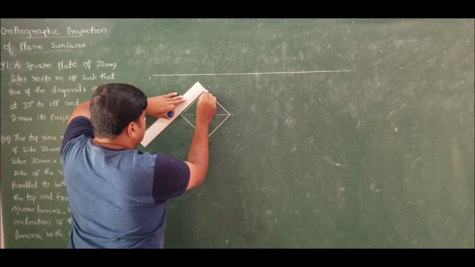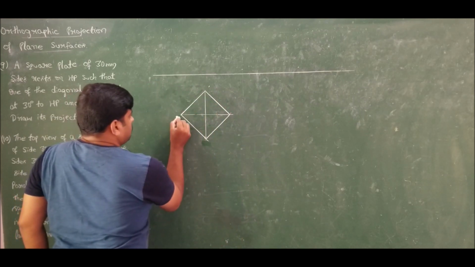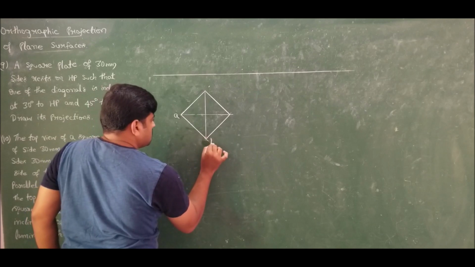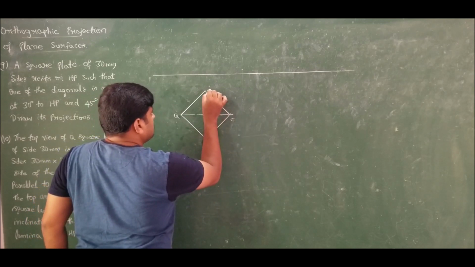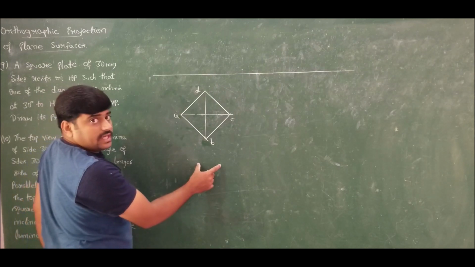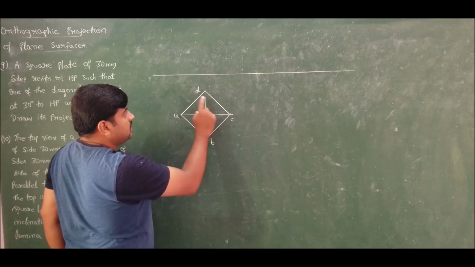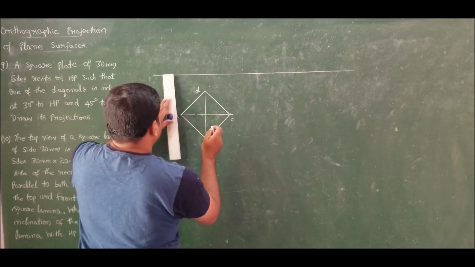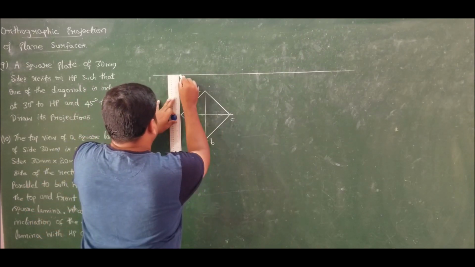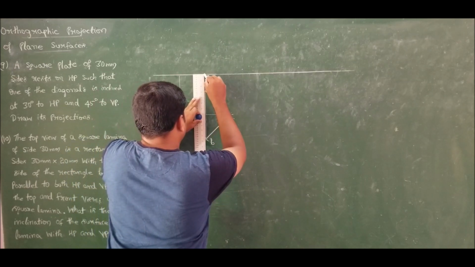Now dark the lamina, that is, we have a square lamina. Now mark it as A, B, C and D. Now in the front view the observer will be here. For the observer A, B, C is visible and D is invisible. Now take the projection and construct the front view. The front view is nothing but the diagonal AC.